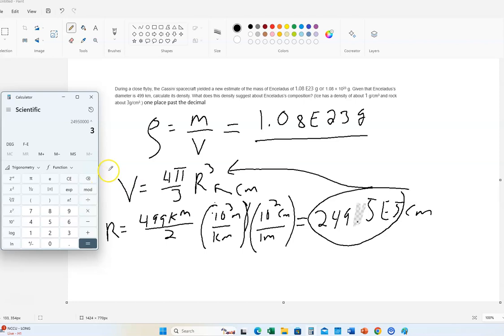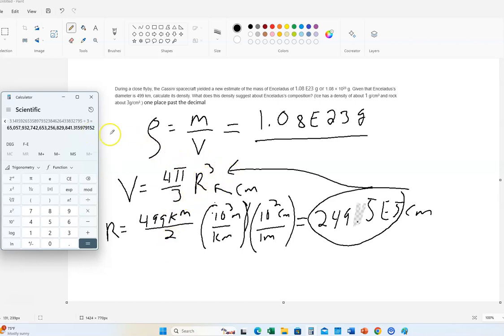And then multiply by 4 times pi divided by 3. All right, there we go. This is not very nice because it's not in scientific notation, but you get the idea.